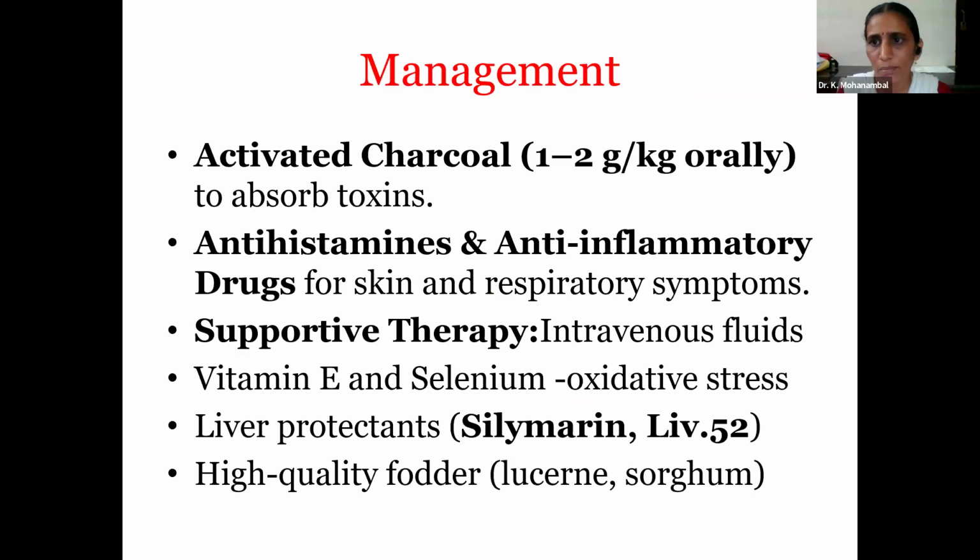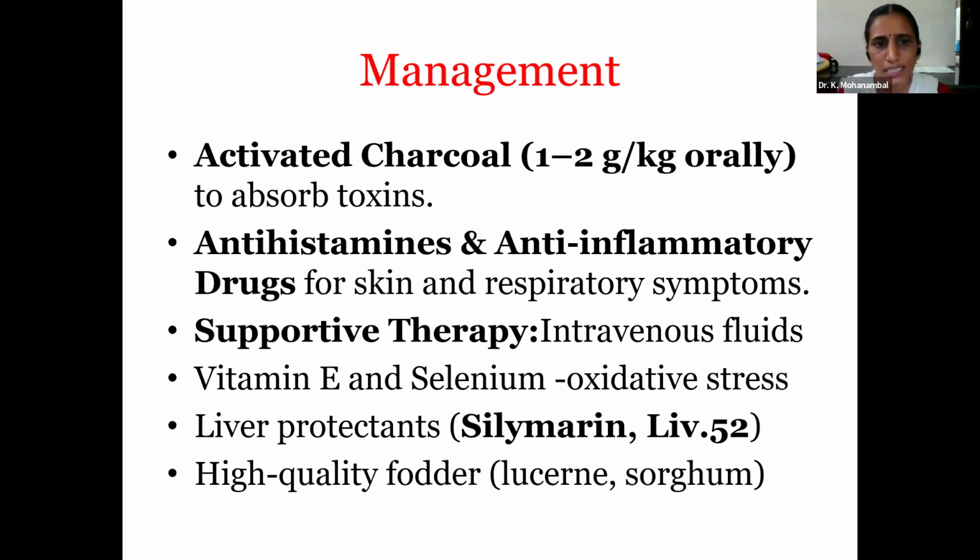So as far as management is concerned, early recognition is very important. Once neurological signs are observed, it is difficult to treat Parthenium toxicity. Activated charcoal can be used as a universal antidote at the dose rate of 1 to 2 gram per kg orally. It will absorb the toxins.